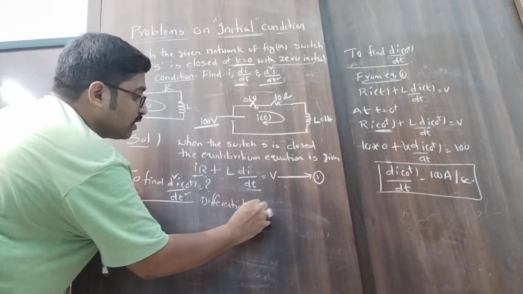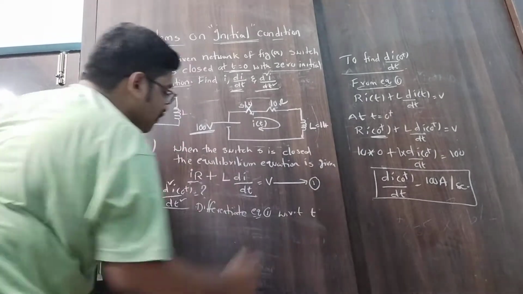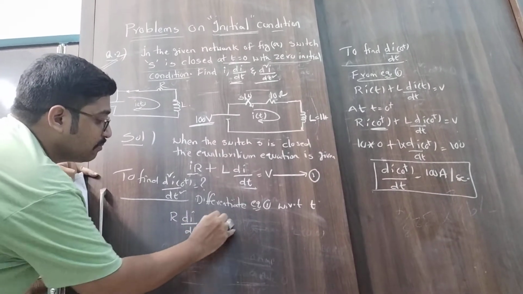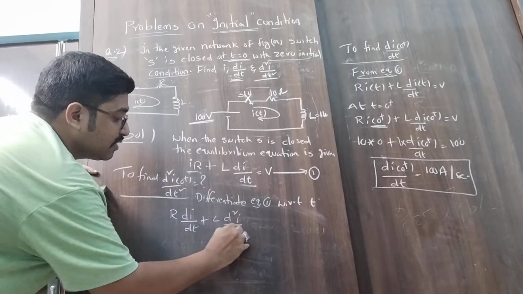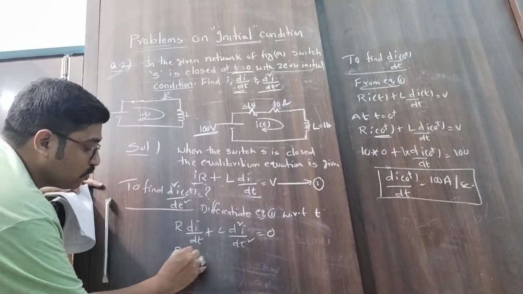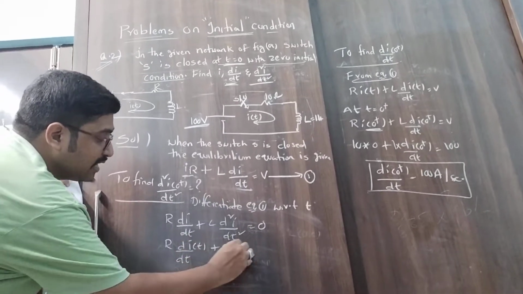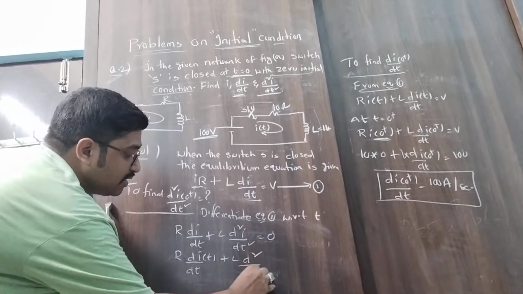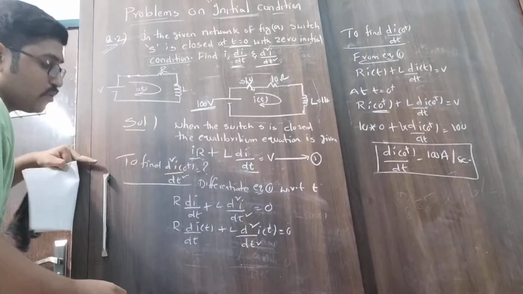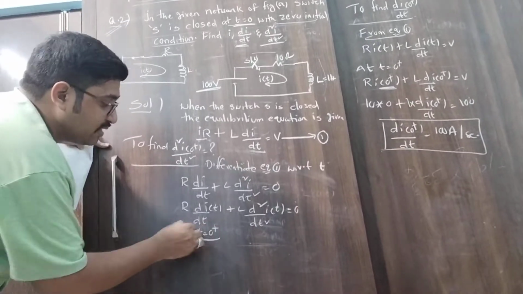Differentiate equation 1 with respect to t. R into di divided by dt plus L into d square i divided by dt square is equal to 0. Now at t is equal to 0 plus, we need to substitute.